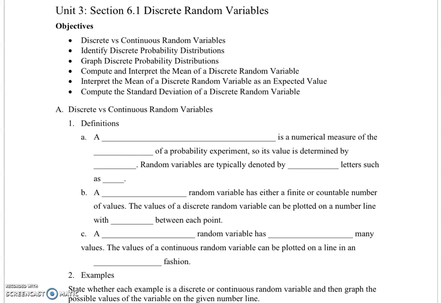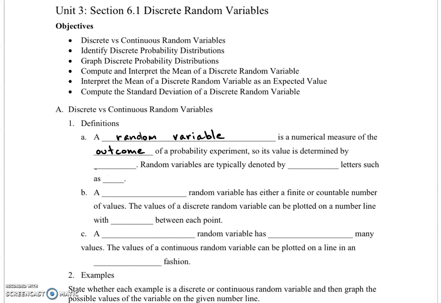First, we need to know the difference between discrete and continuous random variables. And I guess that involves knowing what a random variable is in general. So a random variable is a numerical measure of the outcome of a probability experiment.